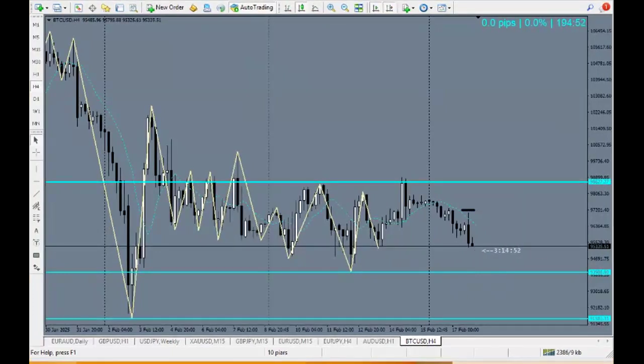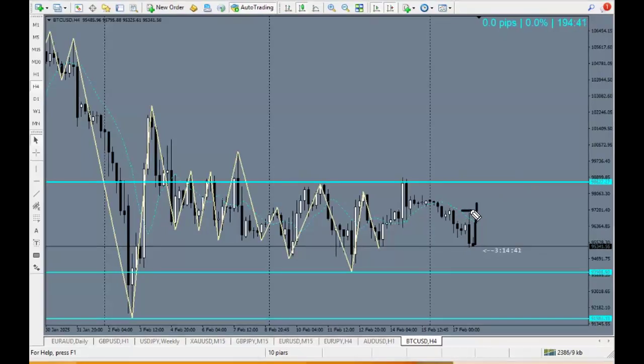If price comes all the way up and breaks this last bearish candle, then I'll think that there is some bullishness coming into the market. Then it's likely to target the previous weekly high.